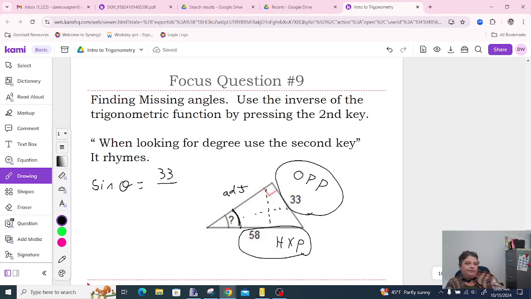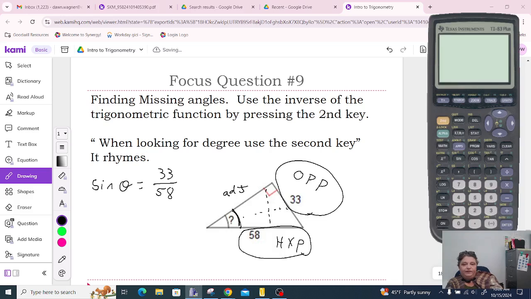Now, when you watch carefully, do I have all eyes up here? When you're putting it in the calculator, because you're looking for the degree, you hit the second key. So I'm going to put second, then I go ahead and go to sine. See how it has that little -1?